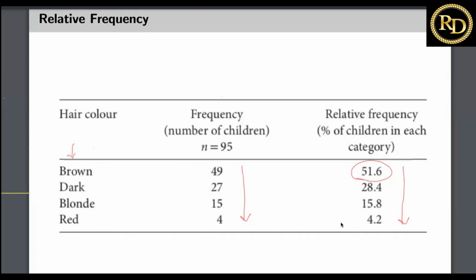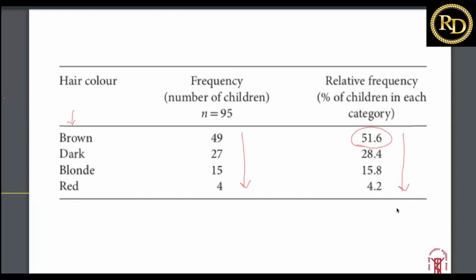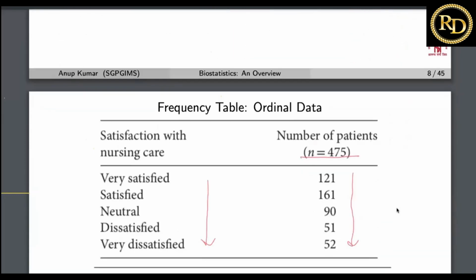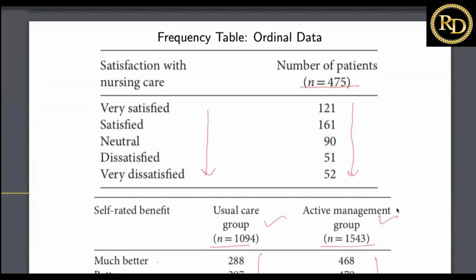By this percentage, you can understand that more than 50% of the babies are born with brown hair, and only 4.2% are born with red hair. So it is better to convert these numbers into percentages so that the reader is able to understand the data more precisely.